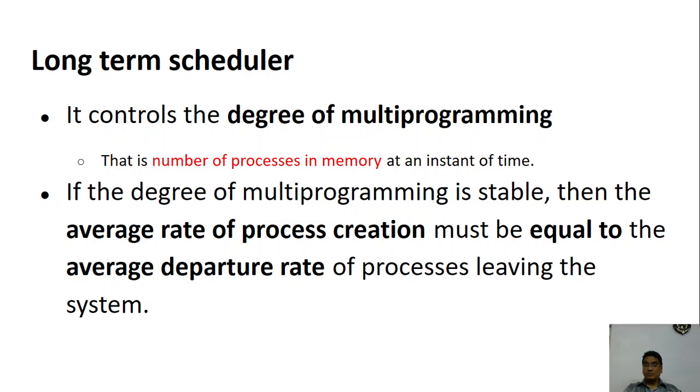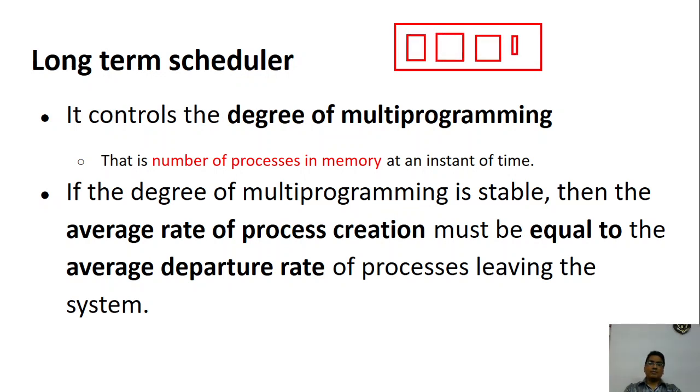In order to have a good degree of multi-programming, generally what this process does is, initially it is called and keeps on adding one, and once the queue is full, it will simply keep quiet.